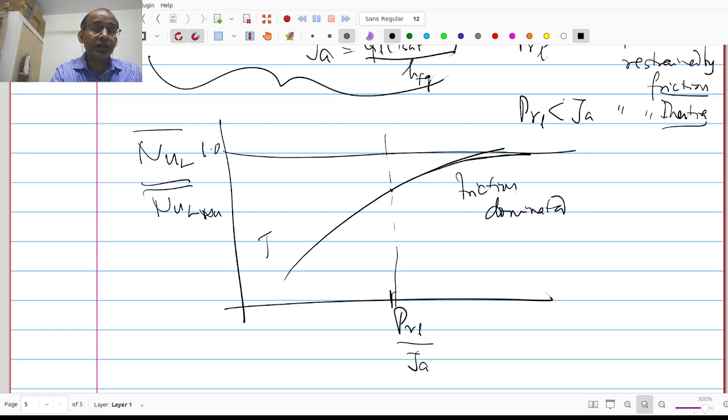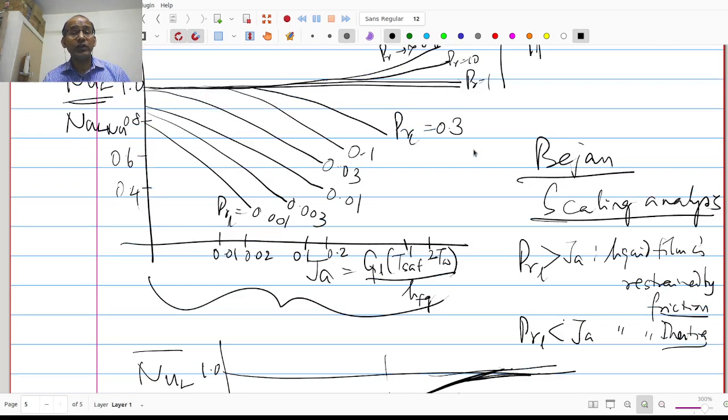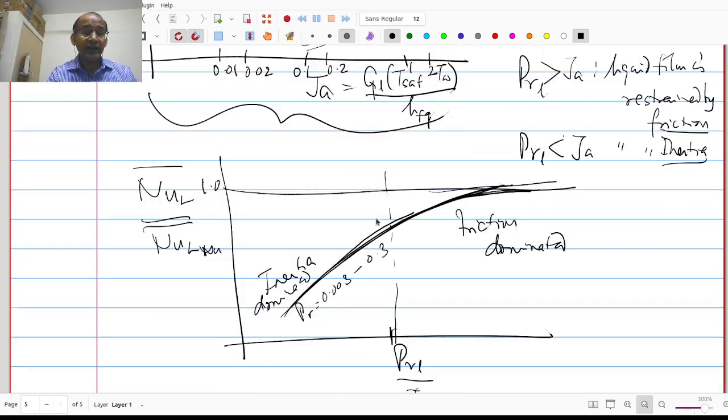And below is inertia dominated. So all of these curves, for Prandtl number equal to 0.003 to 0.3, shown in this diagram, could be collapsed onto a single line like this.